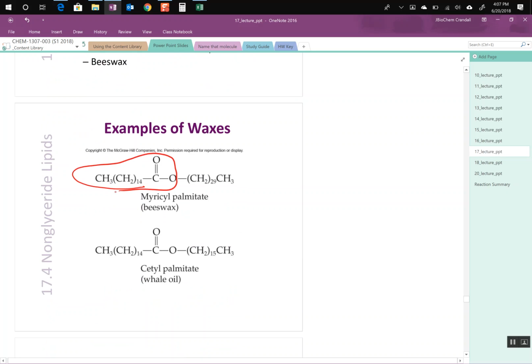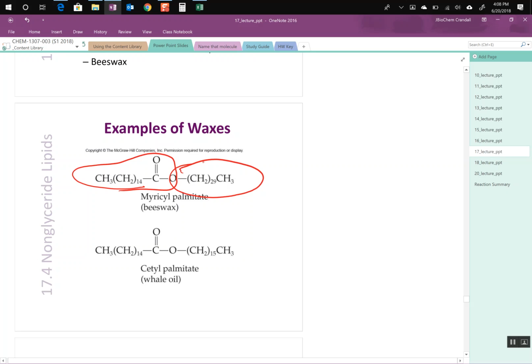So you can see here's some examples of these waxes. This is the long-chain carboxylic acid. This was the long-chain alcohol. So those are really long chains, 29 carbons, well, which would be 30 on that one side, the alcohol side. On the acid side, we have 16 carbons. So that's a really long molecule with that ester group pretty embedded within it.